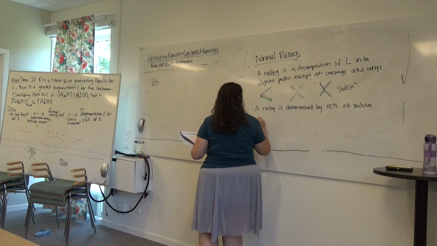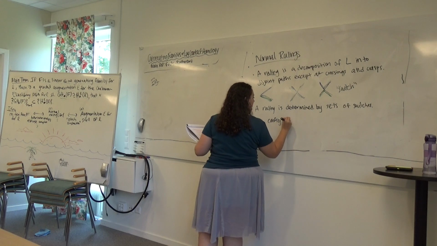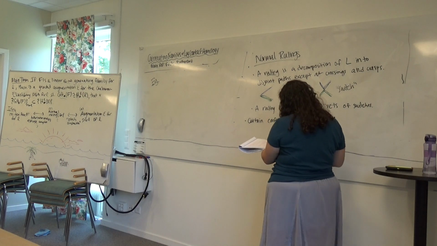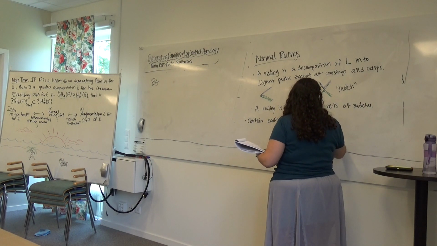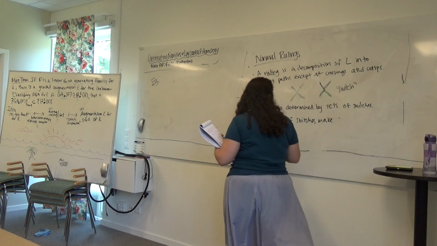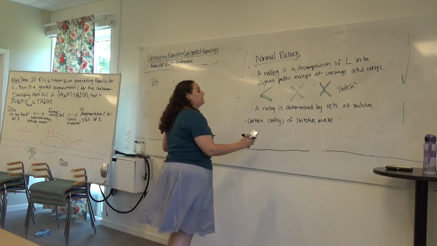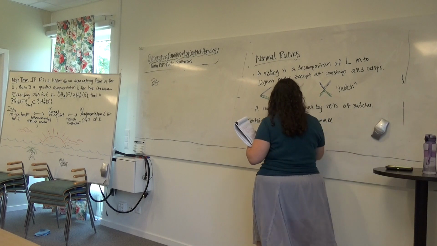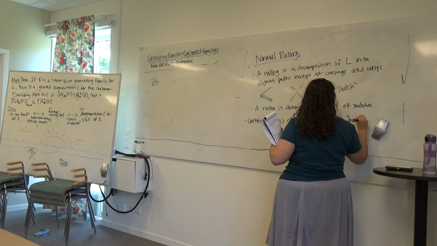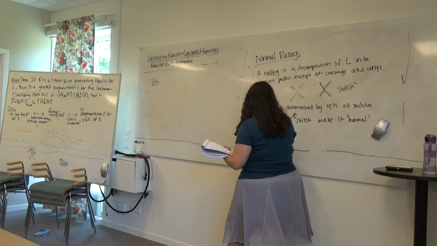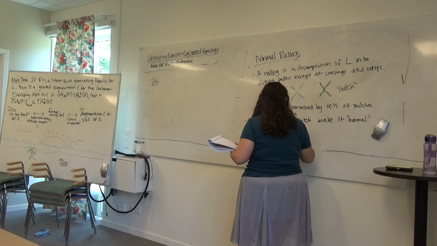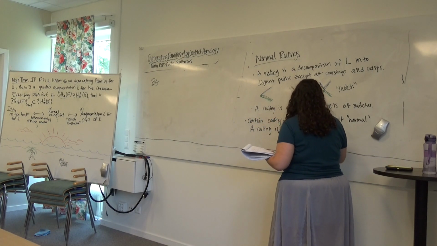Again, I'll point out in the example just to give an idea. A certain configuration of a switch makes it normal, and a ruling is normal if all of its switches are normal.